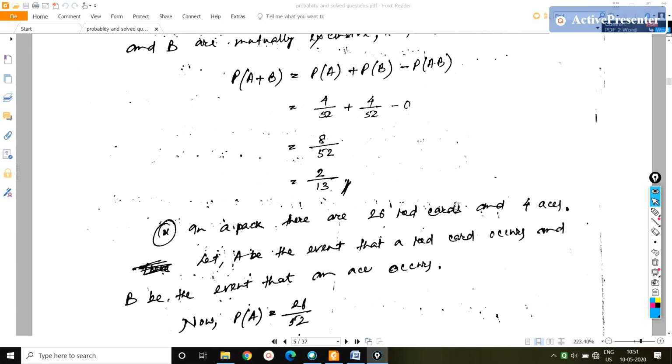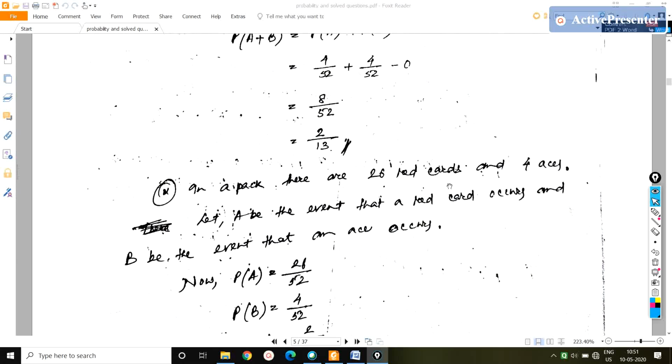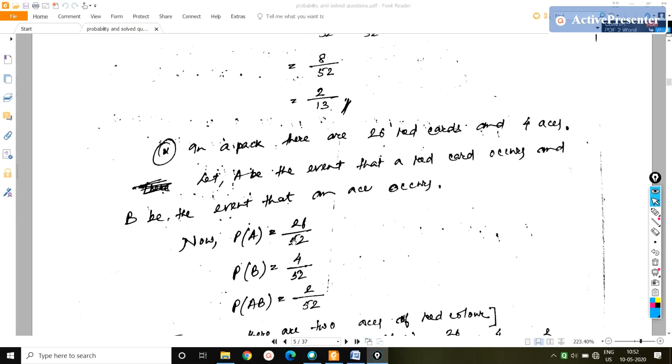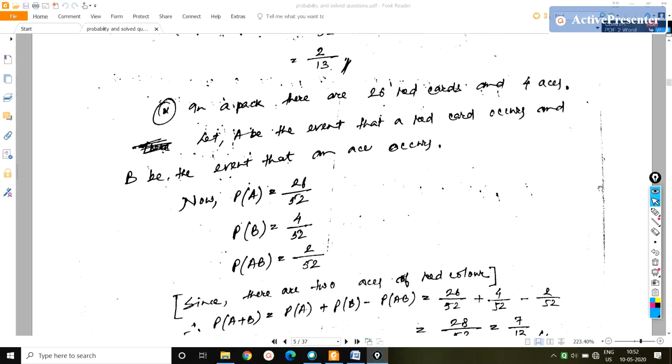So there are 26 red cards and 4 aces. Let capital A be the event that a red card occurs and B be the event that an ace occurs. Since there are 26 red cards, the probability of A is simply 26 by 52, and how many aces are there? 4. So the probability of B is 4 by 52.